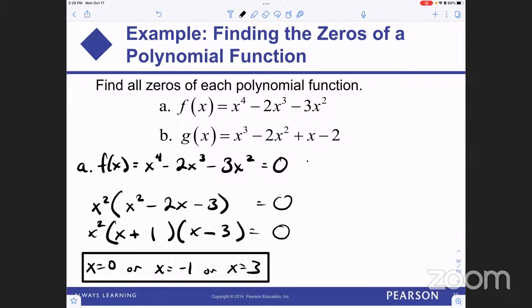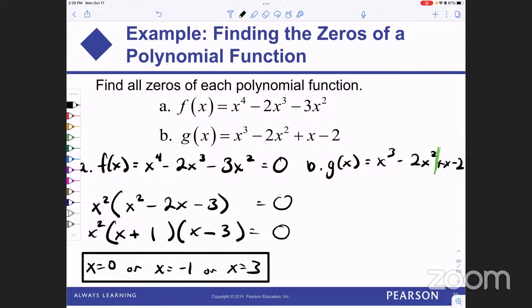Okay, part B, we have this g of x, x cubed minus 2x squared plus x minus 2. Can we do factor by grouping? Will that help us? Okay. I'm going to try factor by grouping, where I'm going to group the first 2 together.